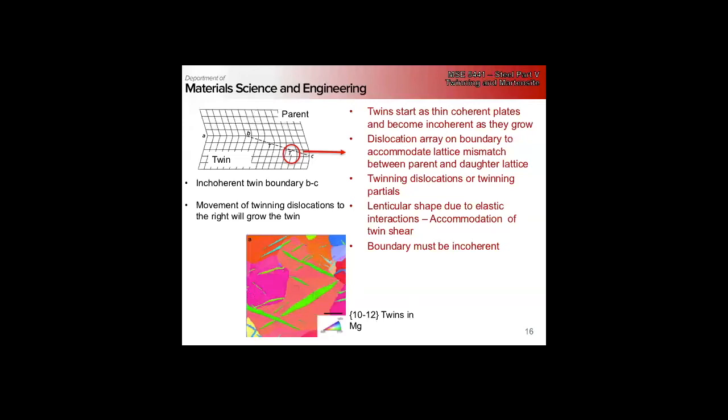We have ledges that are coherent, offset by general high angle interfaces with a much higher mobility, and we can grow the twins by moving the twinning partials that make up the grain boundary.